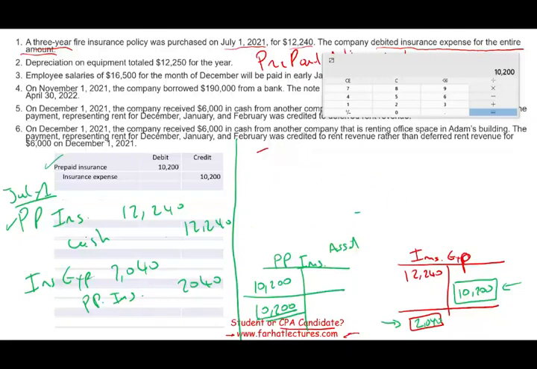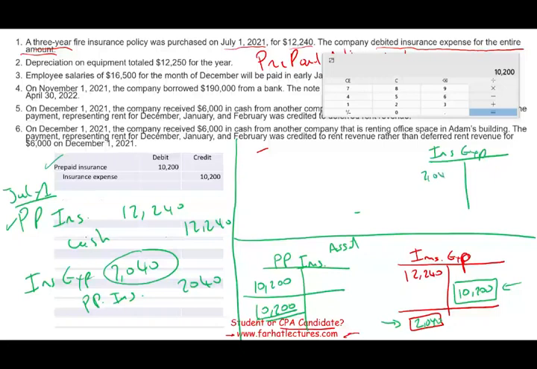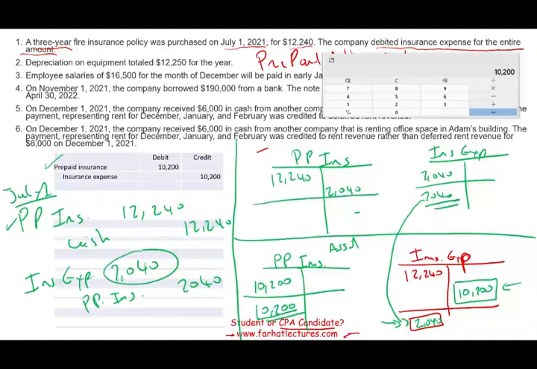So from a T account, notice, starting with insurance expense, we only have $2,040. That's the balance. Prepaid insurance, we started with $12,240, reduced it by $2,040, we end up with $10,200.